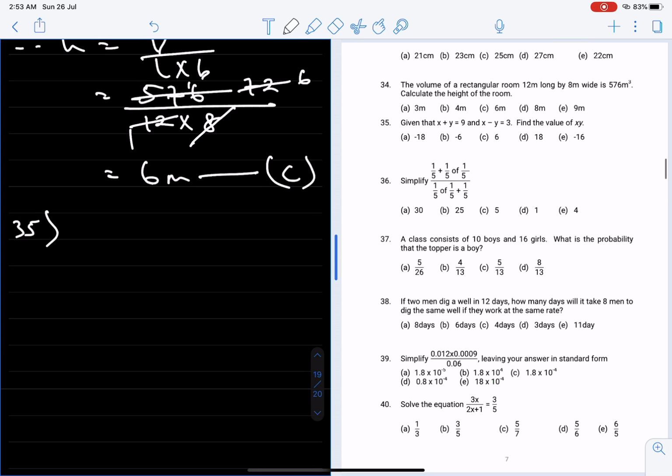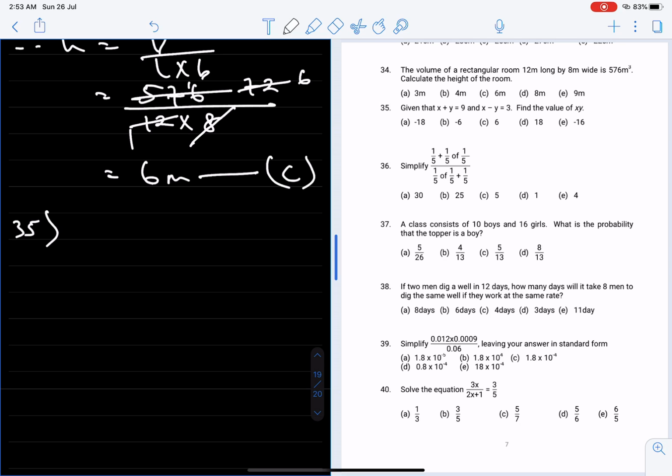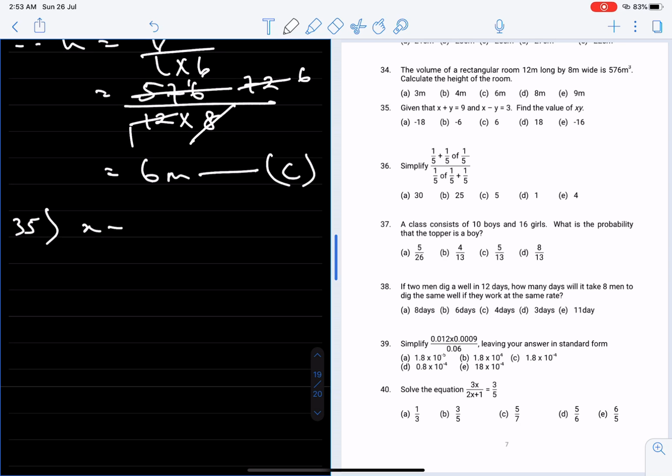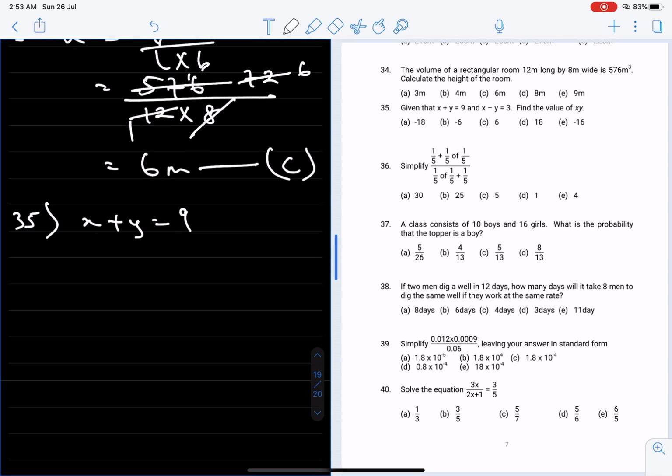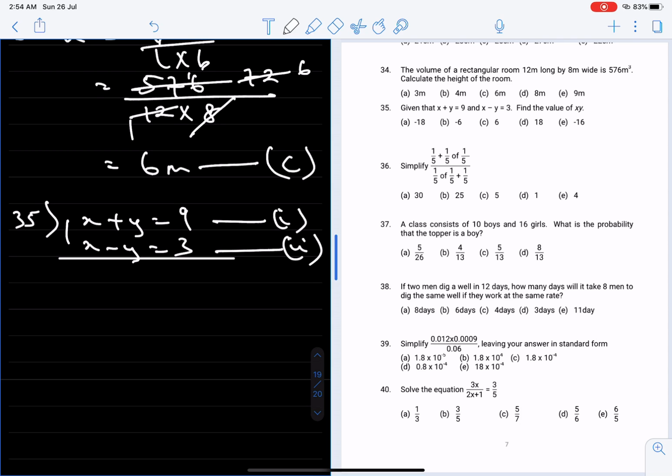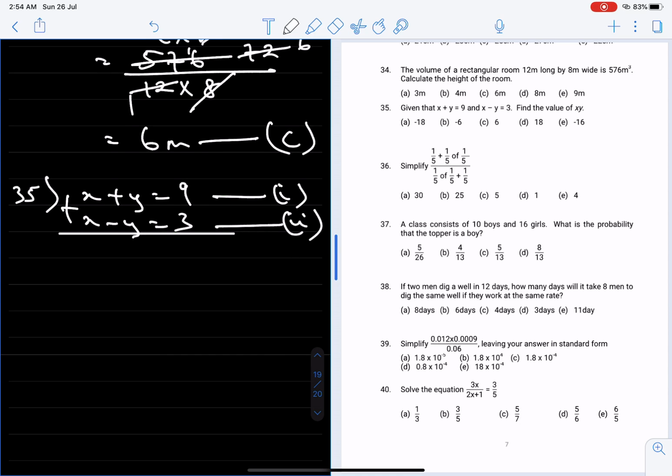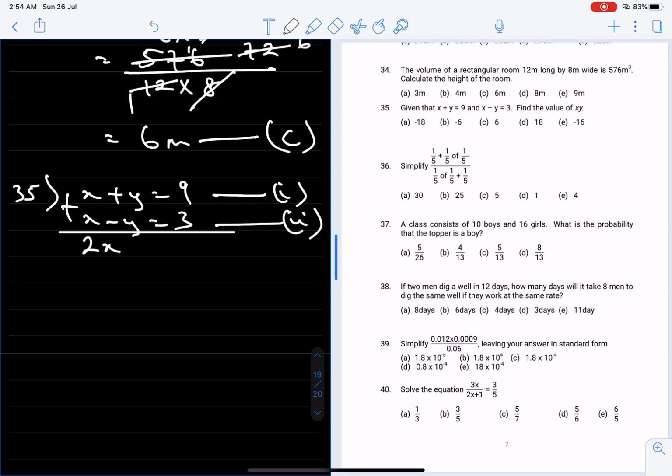Given that x plus y equals 9 and x minus y equals 3, find the value of xy. Here we have to solve the simultaneous equations and then find the product of x and y. Let's call these equation 1 and equation 2. I'm solving by elimination, adding the first equation to the second. x plus x is 2x, y minus y is 0, and 9 plus 3 is 12.